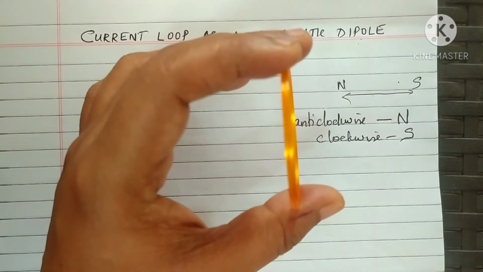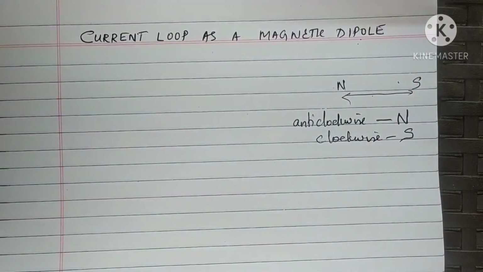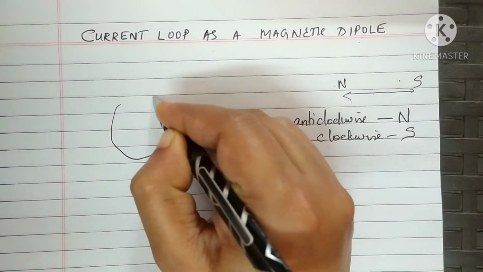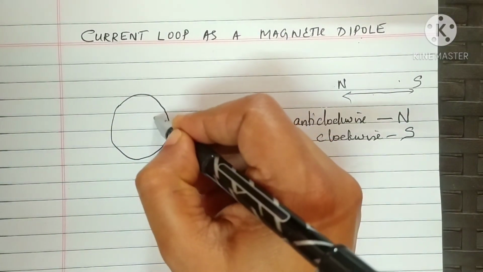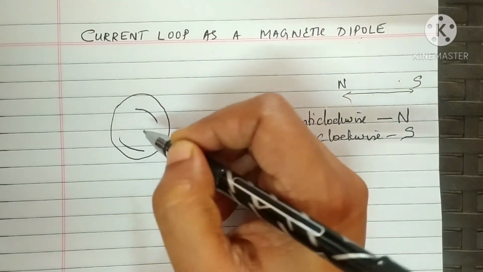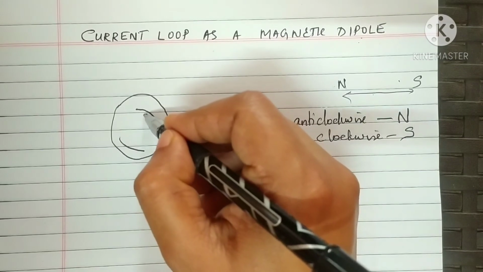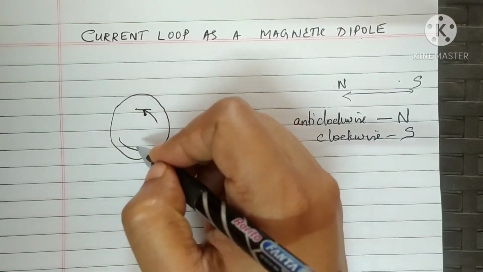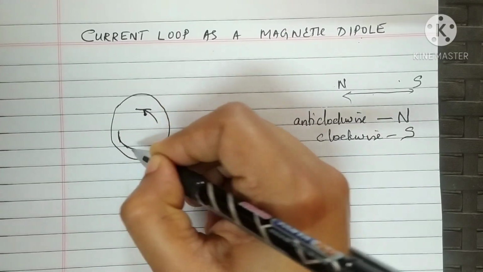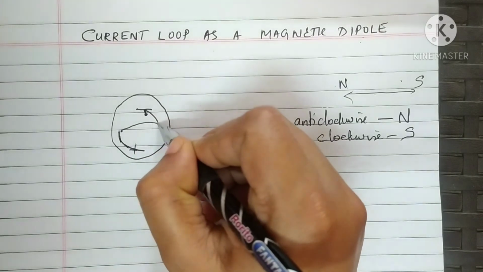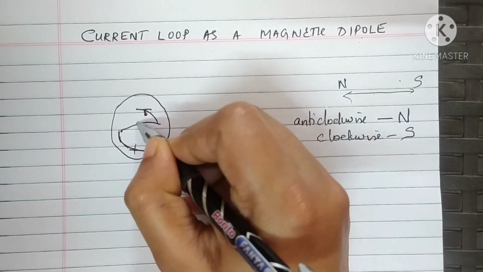Clear? So once again, for a current loop, suppose this is the loop here. Anti-clockwise means it has to move in this way. In such a case, it will be a north pole.